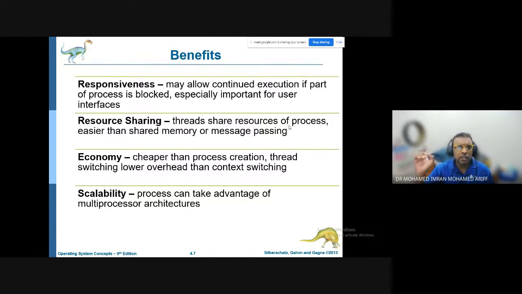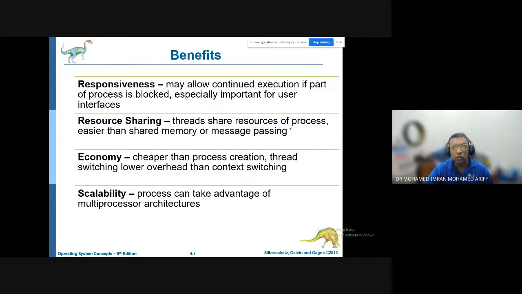All right. So what is the benefit of having threads? Why do we need to have threads? Well, it's much more responsive, may allow continued execution if part of the process is blocked, which is especially important for the user interface. Resource sharing, economical, scalable. A thread is very useful because it allows the user to continue execution.